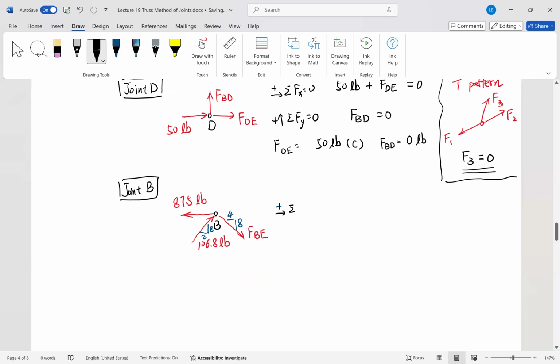So summation of all forces along x direction equals 0. What do we have along x direction here? So we have 87.5 pound, but it is negative here, right?